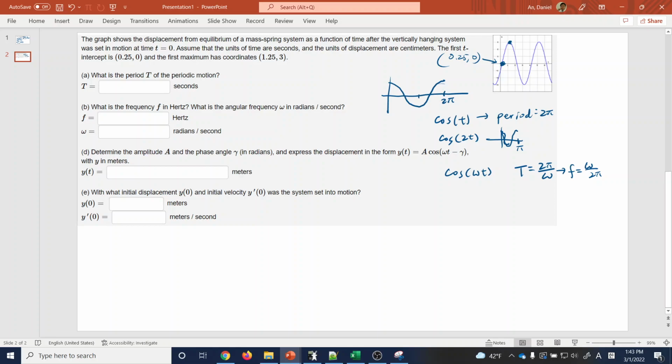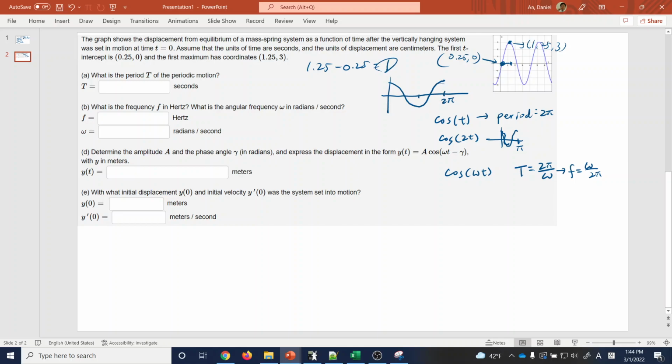So this point right here, the maximum, is 1.25 comma 3, okay?